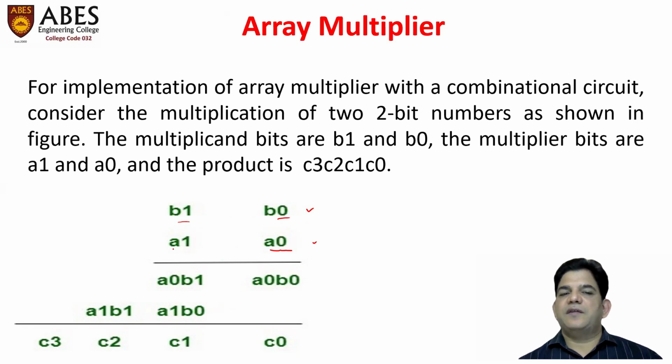Then with A1, we perform A1 B0, and then A1 B1. Finally, the first output is C0, then the addition gives C1, then we have C2, and the final carry generated is C3. So in case of the 2-bit multiplier, we have four outputs C0, C1, C2, and C3.